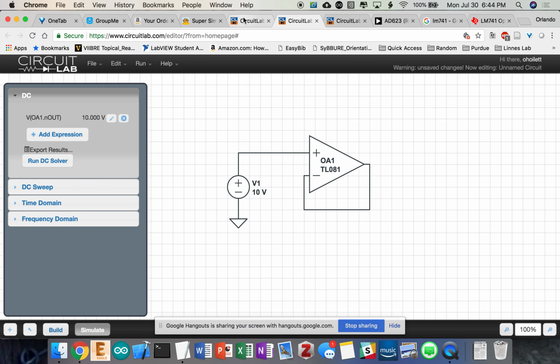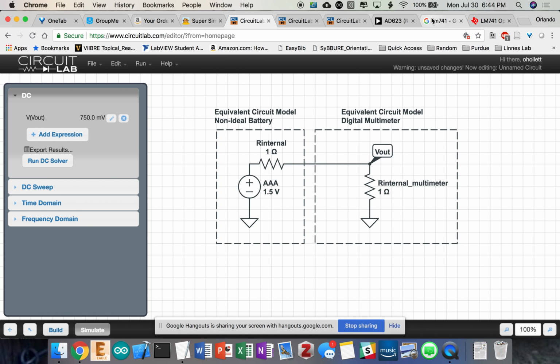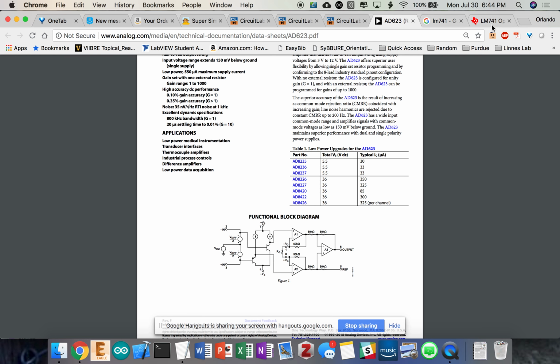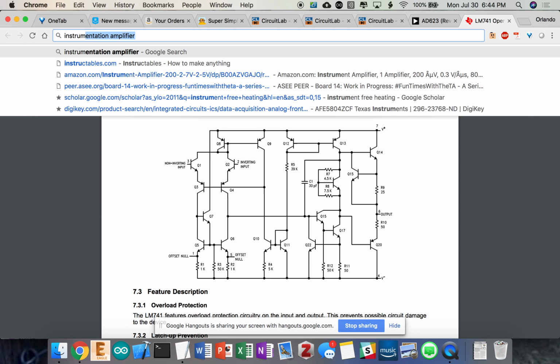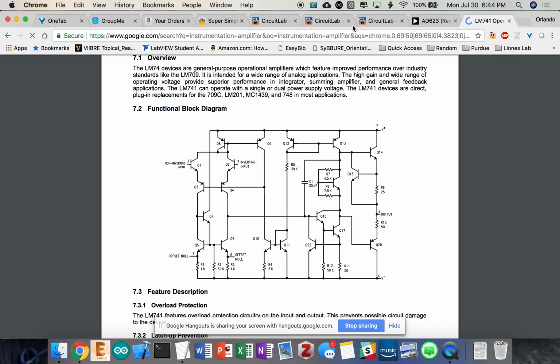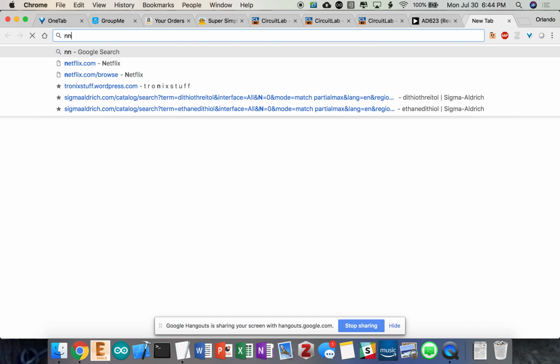So I think we got off track talking about gain when we talk about instrumentation amplifiers. That's how you can get gain with one amplifier in particular. There are others. A non-inverting amplifier looks like this.